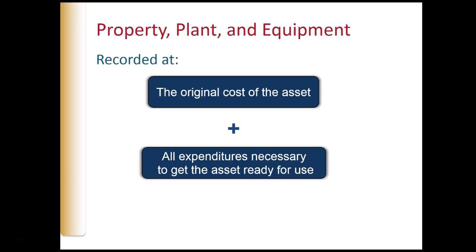It will also include any additional amounts the company paid to bring the asset to its desired condition and location for use. So that might be altering the asset for specific purposes of the company and to get it to the location it needs to be in. We use the term capitalized to describe recording expenditures as an asset.